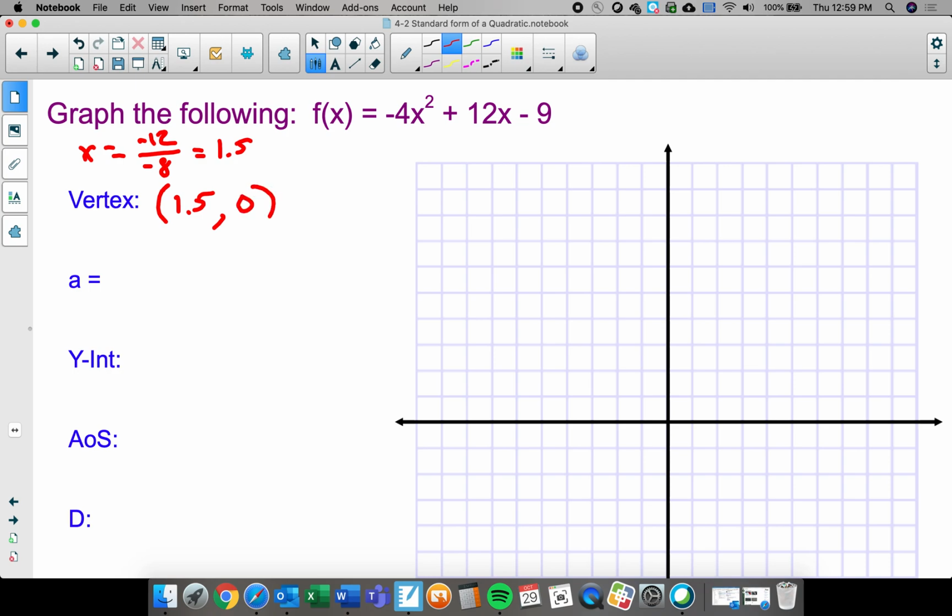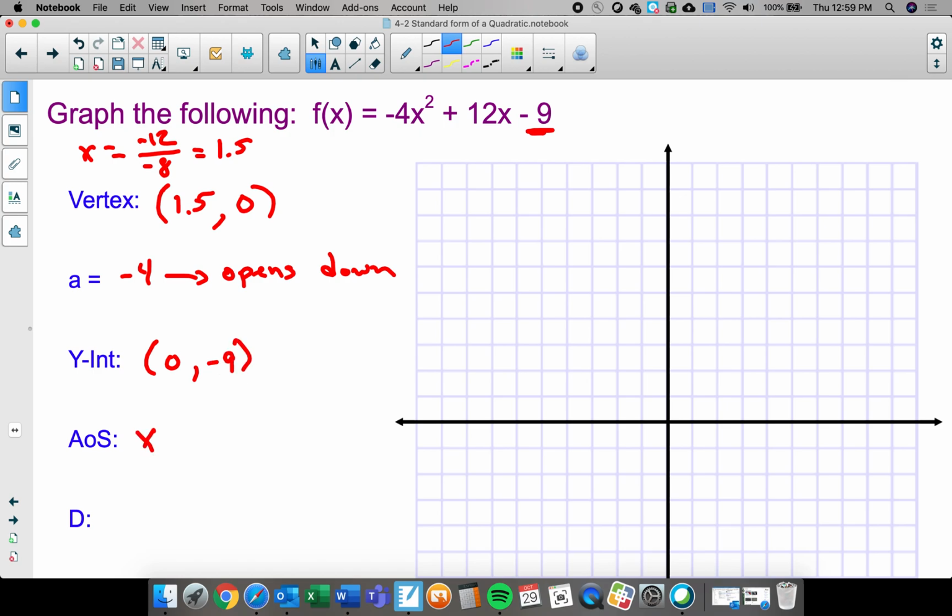So I have a vertex of 1.5, 0. A value is -4. It's in front of the x squared, which means right away, again, I'm going to know that that opens down when I graph this. Y-intercept, once again, is sitting right here. It is your C value, so the y-intercept is 0, -9.